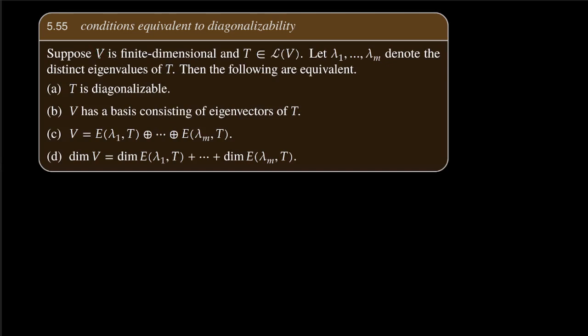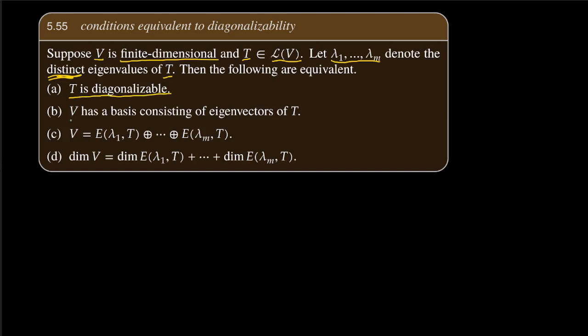So here's the idea. We're going to describe a bunch of conditions that are equivalent to diagonalizability, and these are great conditions. Okay, so if V is finite dimensional and T is an operator on V, then let lambda 1 through lambda m be the distinct eigenvalues of T. Distinct here being the opportune word. Then the following things we're going to say are equivalent. A: T is diagonalizable, that is, there's a basis with respect to which the matrix of T is diagonal.